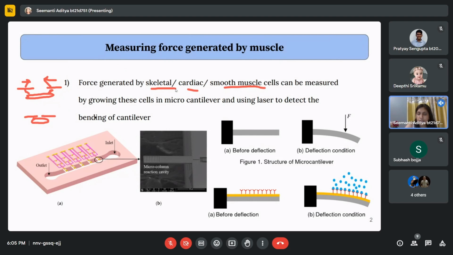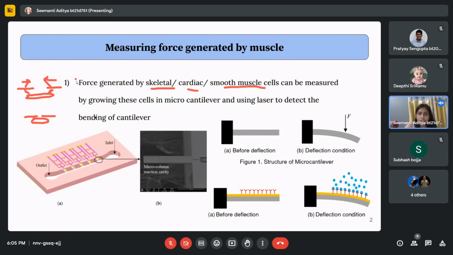And these filaments work due to the activity of several background molecules like calcium signaling, sodium, potassium. All these ions and their activity, and their usage of ATP, allow the actin myosin filaments to contract. So calcium signaling and sodium potassium channels get activated to allow the muscle contraction to take place.